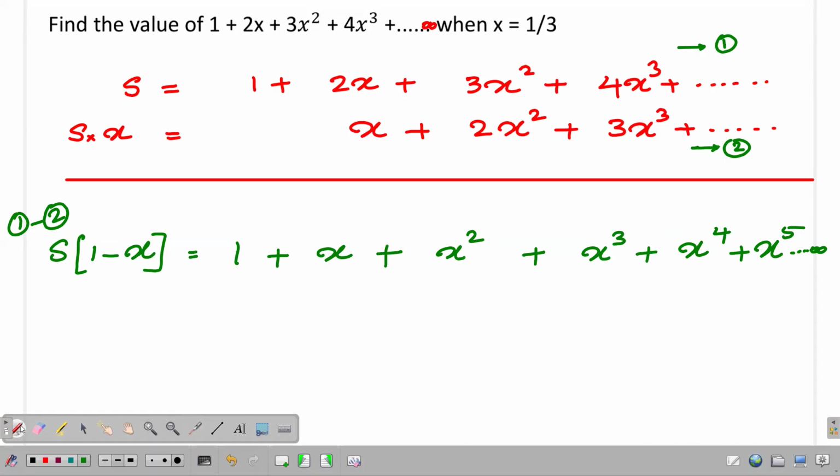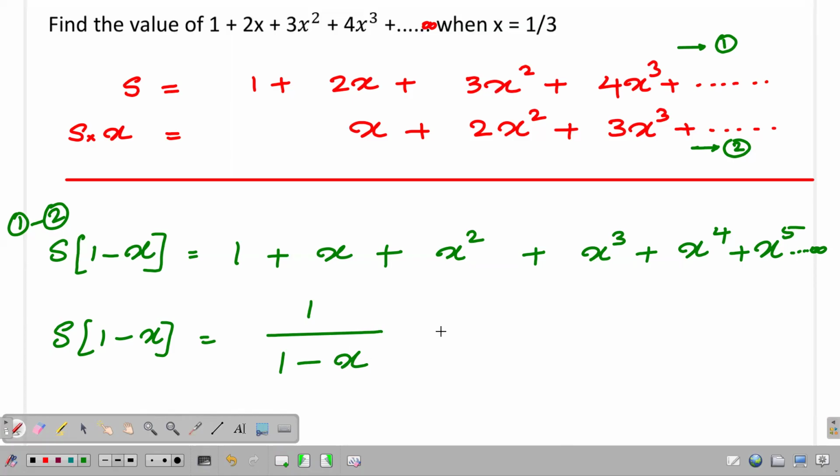I hope you all remember sum to infinity is given by a, the first term, by 1 minus the common ratio. Here the common ratio corresponds to x. So 1 into x is x, into x square, into x cube, into x power 4, and so on. So s times 1 minus x is the sum to infinity of what is presented here, which is a by 1 minus r, 1 by 1 minus x.